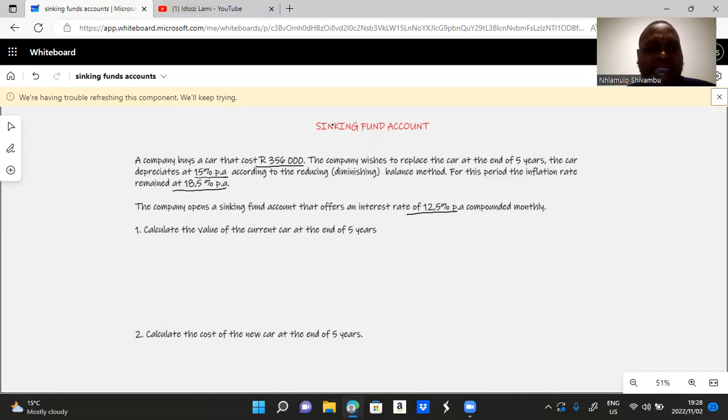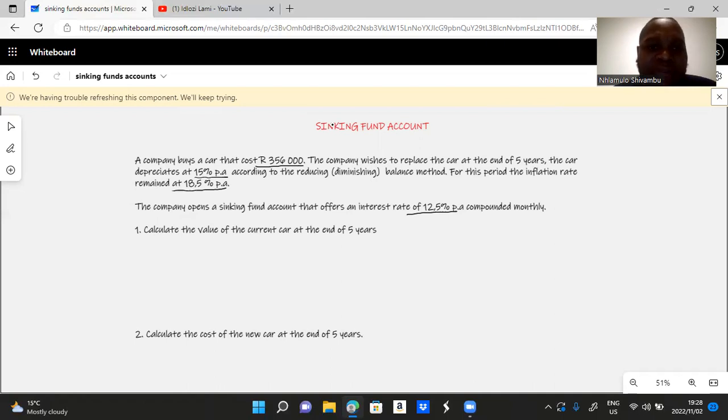So it means that if a question comes to you and they say the first payment was made 1 month after the car was purchased, this does not affect anything in the number of payments that we're going to make, right? That is the normal circumstance. So if we're not told that the payment is made 1 month after the item is purchased, we're going to assume that this is what happened, right?